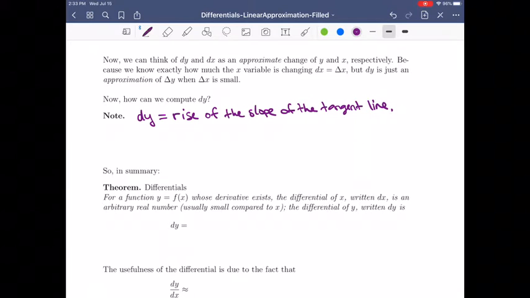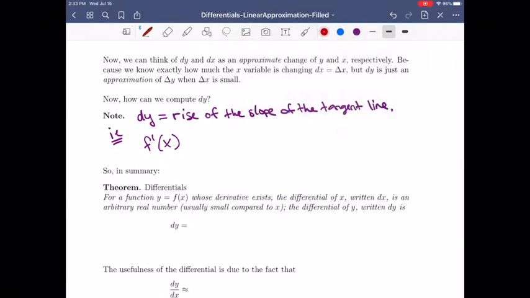So what that means is if I compute f prime at x, the specific x value at the nice point, so at point P, this is going to be equal to the rise over the run, right? It's equal to the slope.